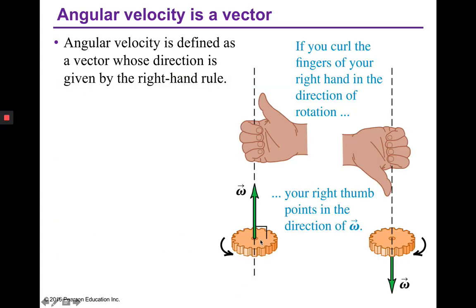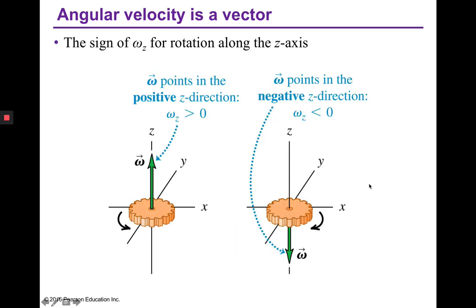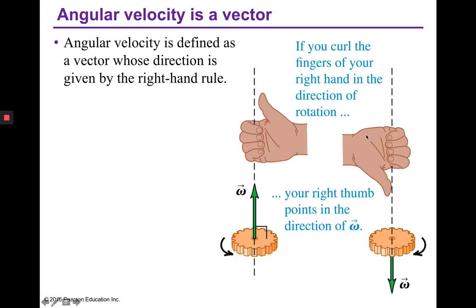Here's the right-hand rule again. If we're rotating around like this, notice your fingers would have to curl around in this direction. So looking at it from above, that would be counterclockwise while your thumb points up, using your right hand. If you point your thumb down, though, your fingers would curl around, looking at it from above, in the clockwise direction.